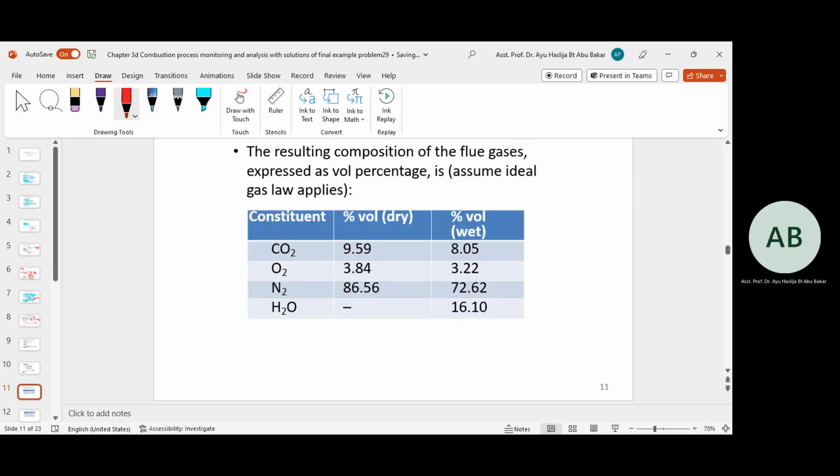Then this is how you report the analysis, the composition of your flue gases in dry basis and in wet basis.